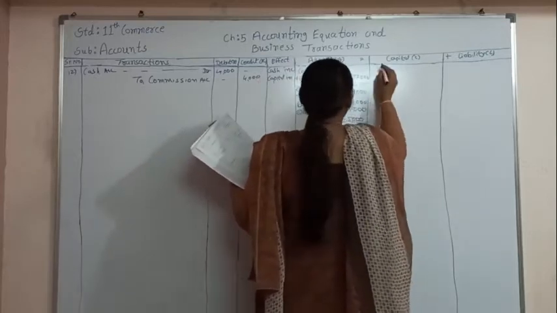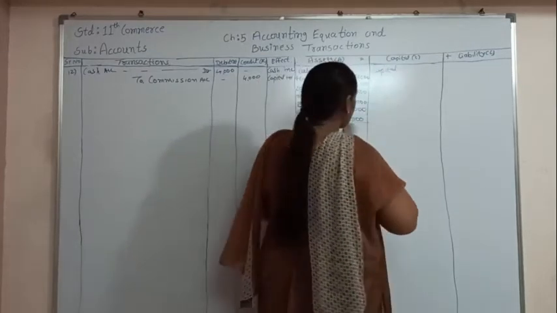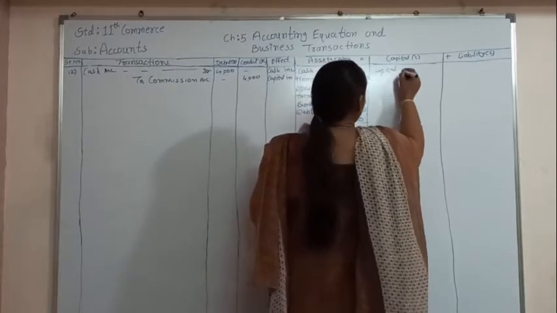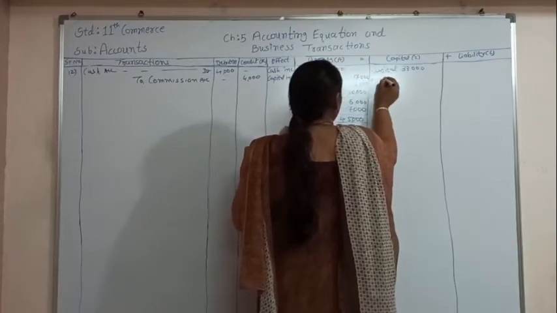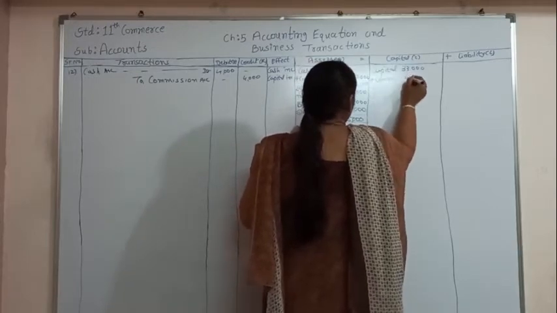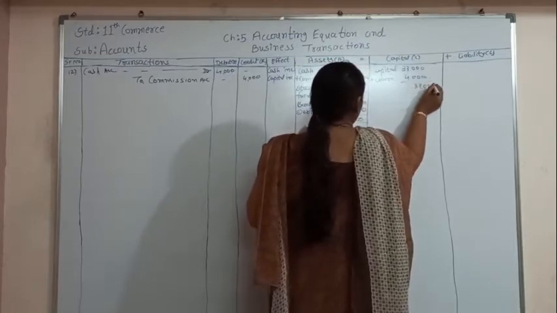And here capital account. So capital was of rupees 33,000 and that plus commission 4,000. So total capital will be 37,000.